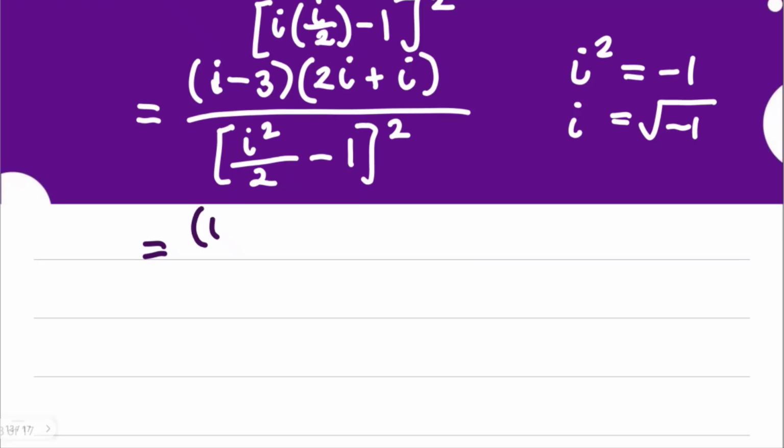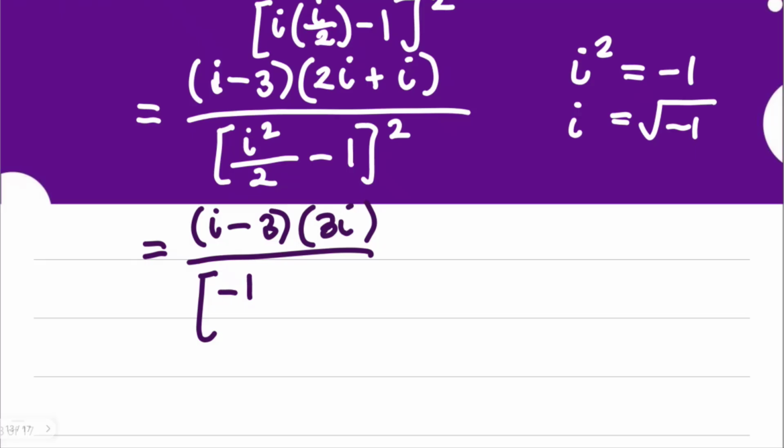The numerator, let's stick as it is. Of course, you can now combine 2i plus i, that's 3i. And your denominator will just be equivalent to -1 as your i squared over 2 minus 1, and squaring that. This is specifically a constant, or again, real in nature.